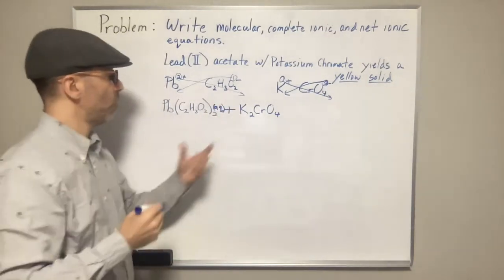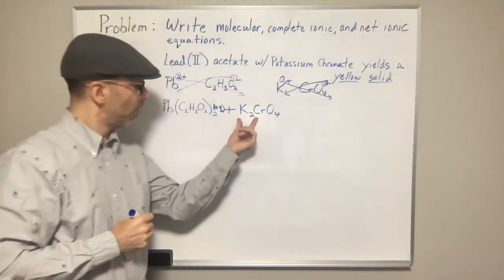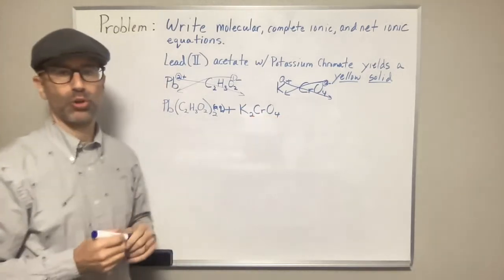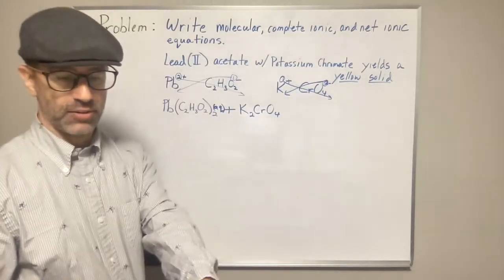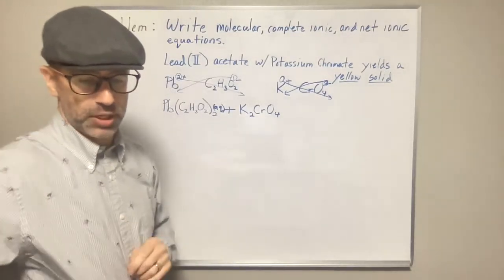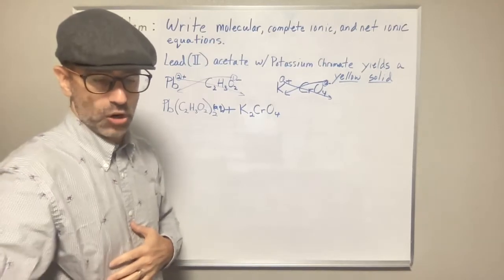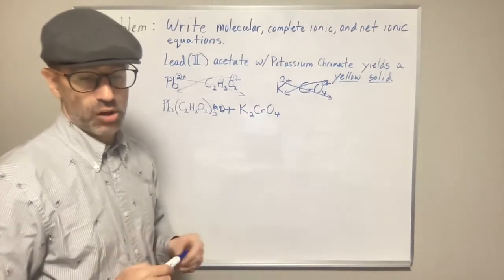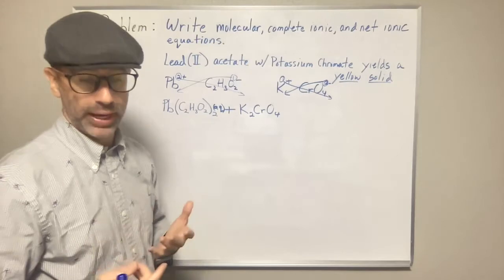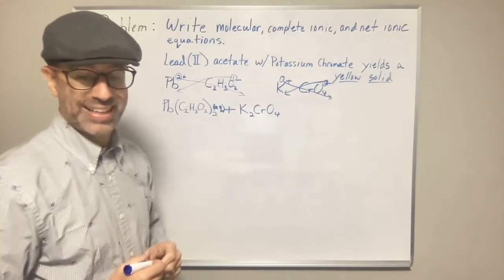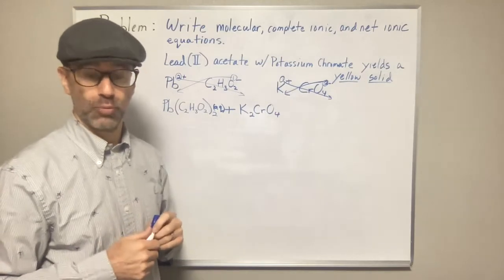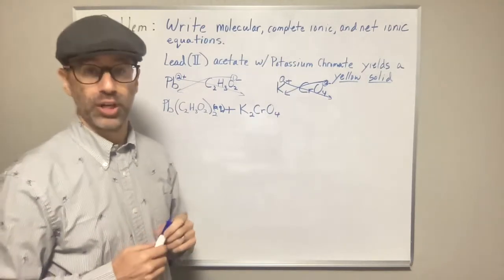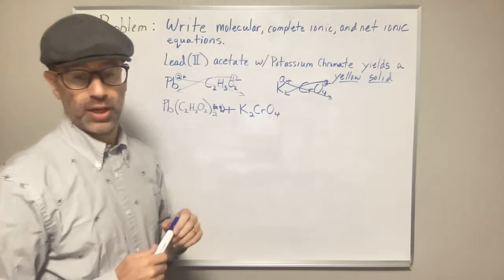And then what about your potassium chromate? So if you look in your solubility table here, it should say something about chromates. So it says here that all salts that contain chromate are insoluble except what? Except for group 1 elements, and ammonium, so NH4 plus.